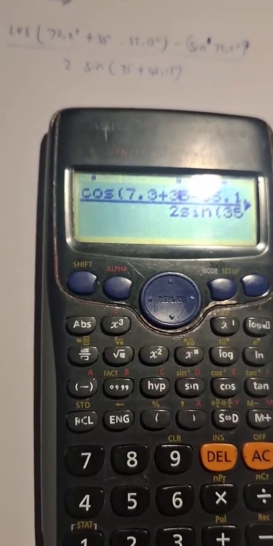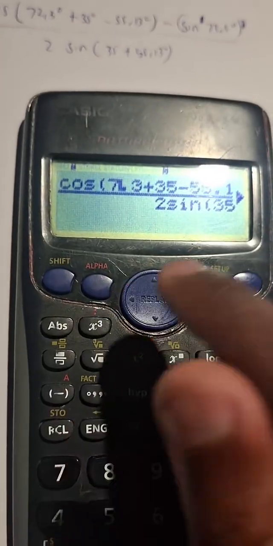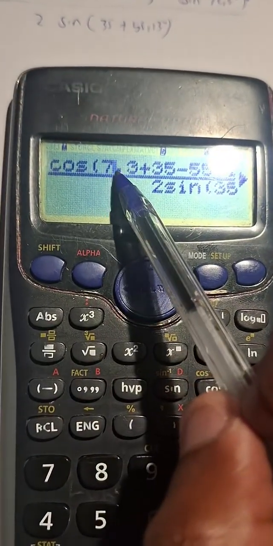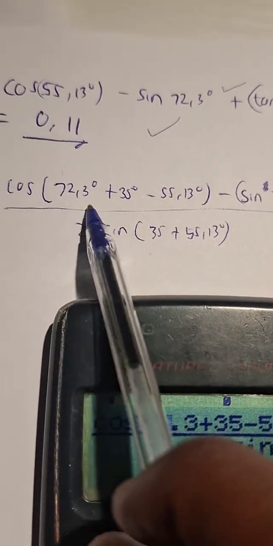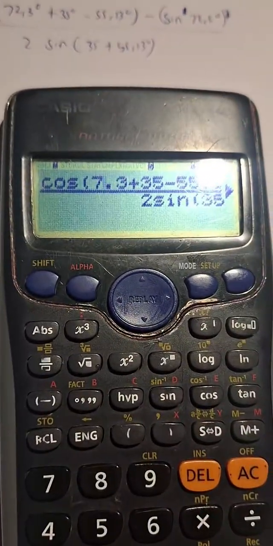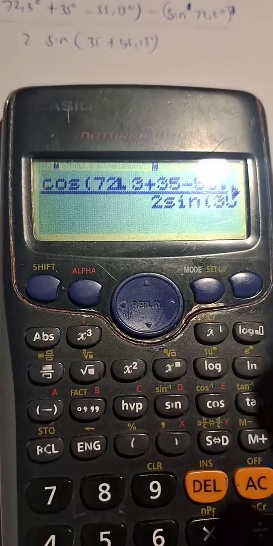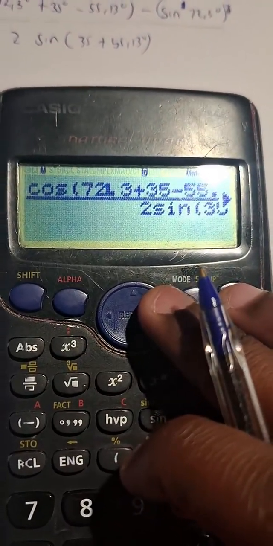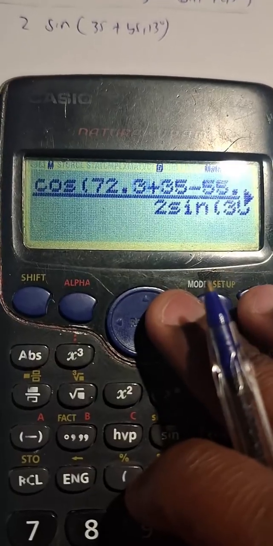Okay, just to check again that I put everything. You see, look at this, I made a mistake there. That is supposed to be what? 72.3, but I omitted the 2. Imagine now I typed in equal, and then I got my answer and I was sure.